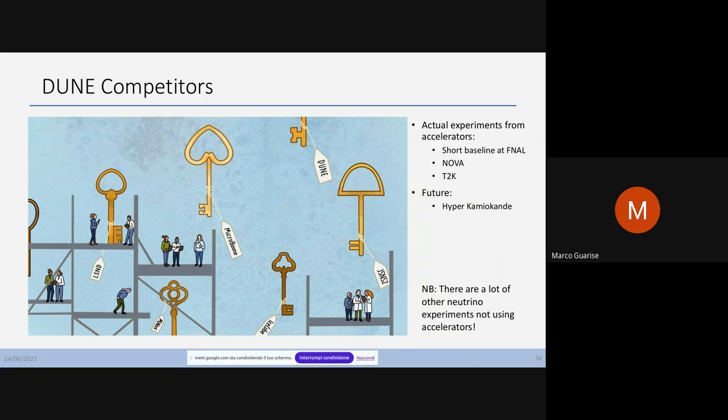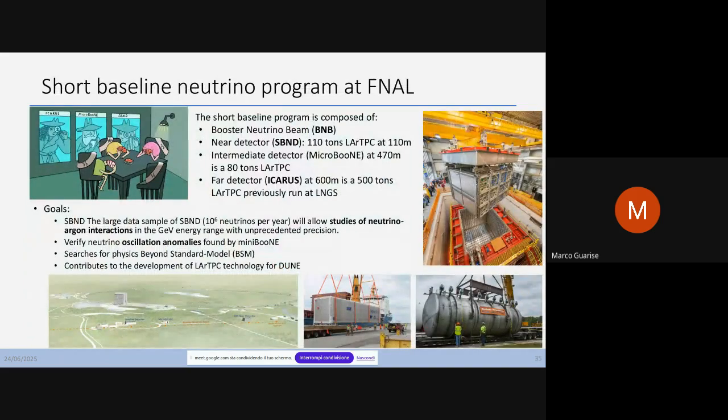So these three here: SBN at Fermilab, T2K, and in the future Hyper-Kamiokande. Of course, there are many other neutrino experiments. For example, I know that here in Ferrara there is a group involved in JUNO, previously in Borexino, but I will concentrate only on neutrinos from accelerators.